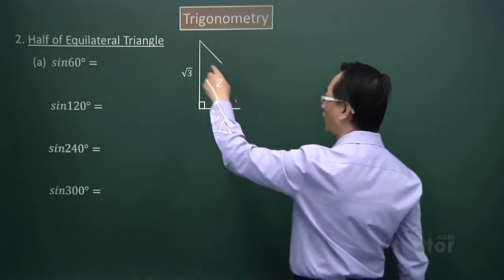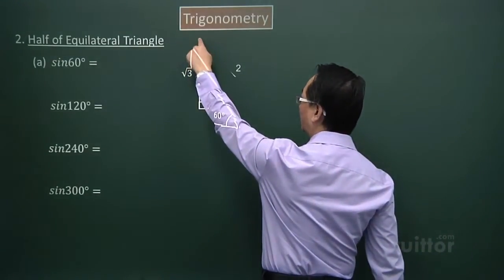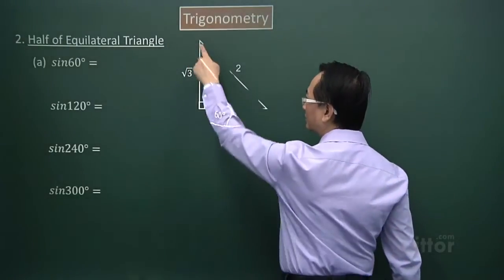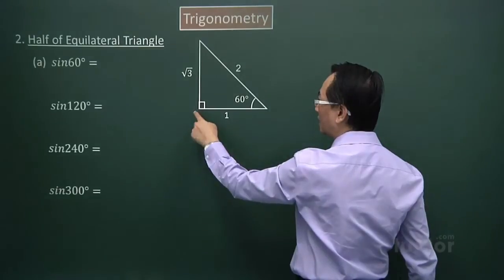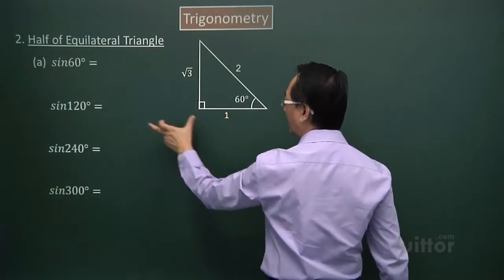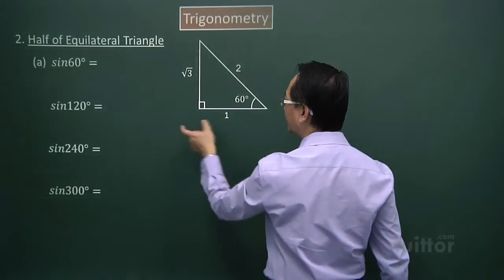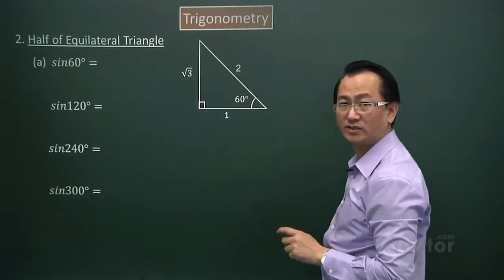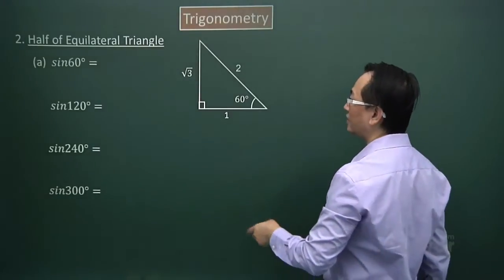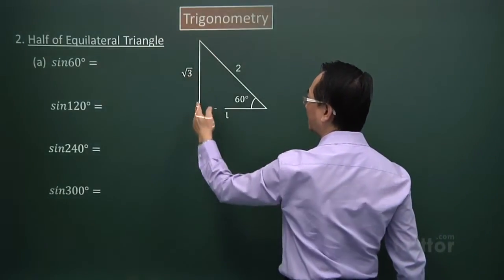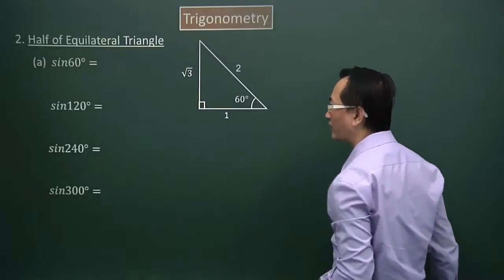Now if I drop a perpendicular line down from the vertex of the equilateral triangle all the way down, it will actually bisect the base. I should have 2 units for the base, but now 1 unit is halved. Using Pythagoras theorem, I can work out this perpendicular height, which is square root 3 units.